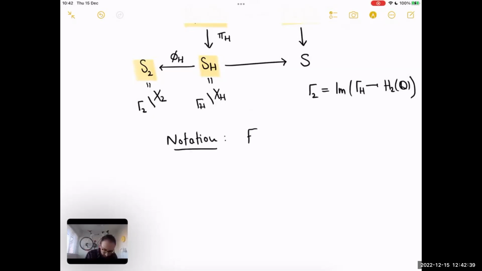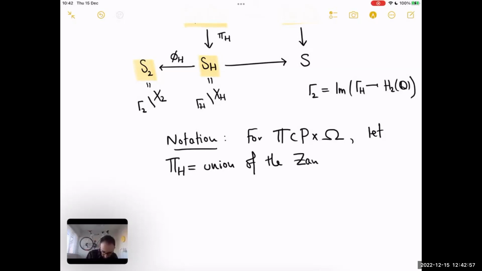Okay, so for a subset capital pi in P times omega, I will let pi subscript h equal the union of these Zariski closures of, so now I have to do this complicated guy.